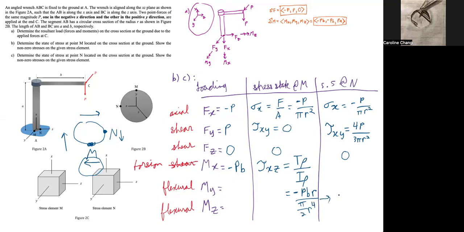So this simplifies to negative Pb over pi over 2 R to the power of 3, which is equal to negative 2Pb over pi r cubed. And that will be our final answer for the shear stress on the x face in the z direction.